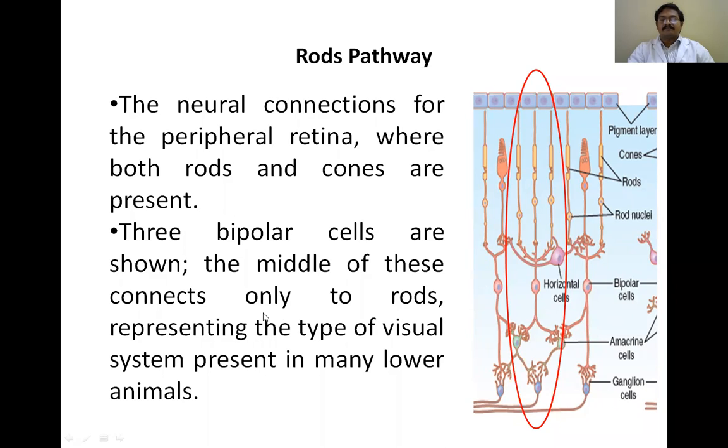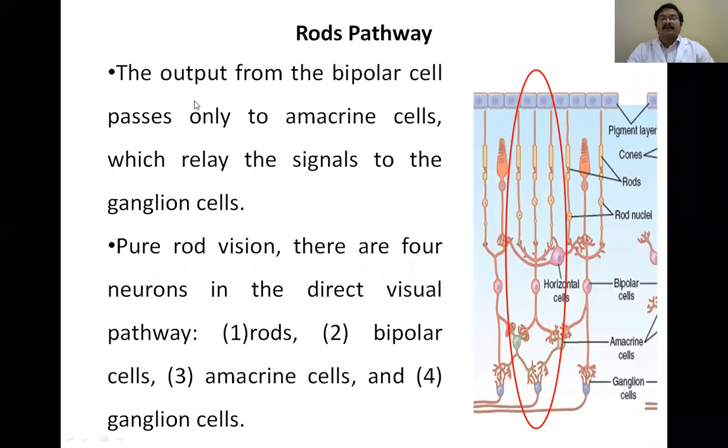Only rods are present in this type of visual system in many lower animals. The output from the bipolar cells passes only to the amacrine cells, which relay signals to the ganglion cells.